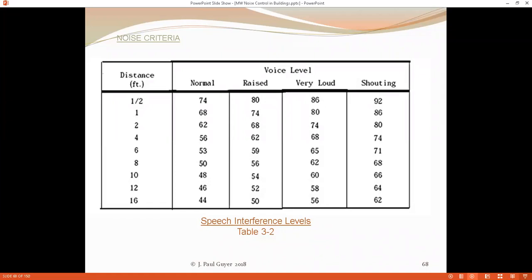They can communicate in raised voices in a noise environment of 54 decibels, very loud voices, 60 decibels, and so on and so forth. So this just gives you a feel for the speech interference levels criteria, which you would take into account if communicating between people who are in the same receiving room.